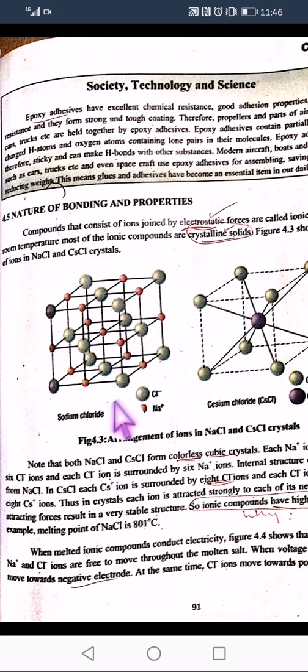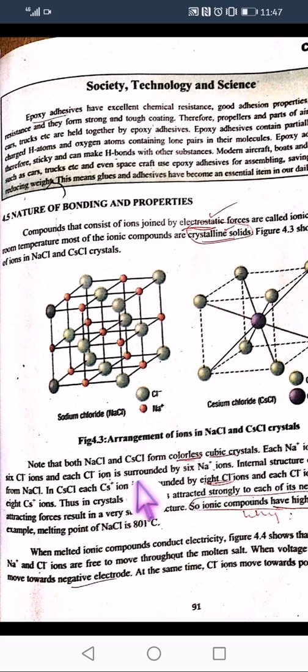Let us discuss the examples. First of all, NaCl, sodium chloride, that is table salt. Each sodium ion is surrounded by how many? 6 chloride ions, and each chloride ion is surrounded by 6 sodium ions. If we take a look at the structure of cesium chloride, it is a bit different from NaCl.